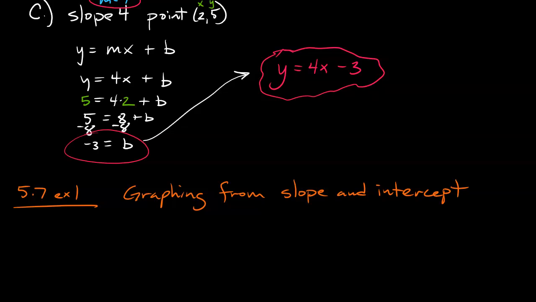So let's just come up with an example. We'll just make up some numbers here. Let's say you have a line with a slope of -2. And you are told the y-intercept is 4. So we're going to be asked to graph that.